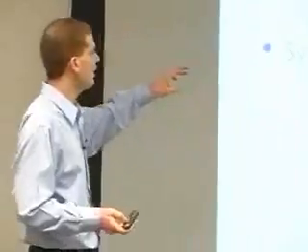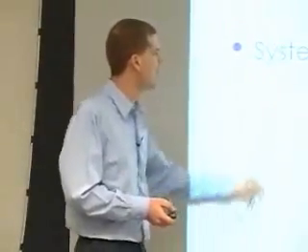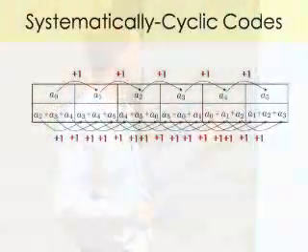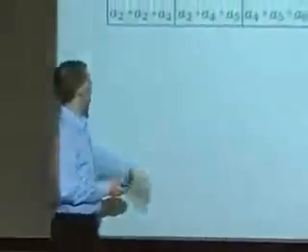What we do is we add another favorable property in addition to those, and we call it the systematically cyclic property, and that will help us get a low implementation complexity of the codes. What is a systematically cyclic code? This is the encoding rules of the array code. Basically, the letters here are information, and those are parity.